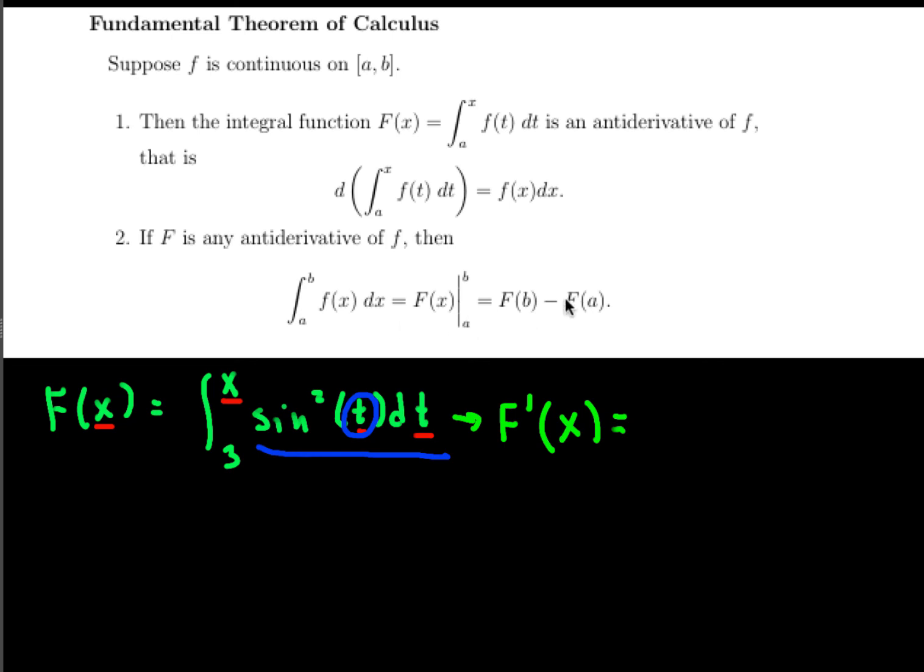Students often find that way too simple, that this is just equal to sine squared of x. But that is what the first part of the fundamental theorem of calculus says: if I have an integral function, its derivative is the integrand. In other words, this integral function is the antiderivative of sine squared.